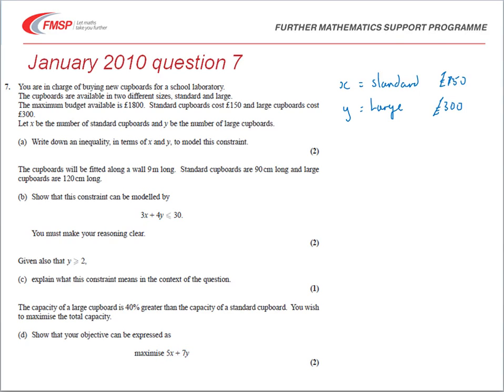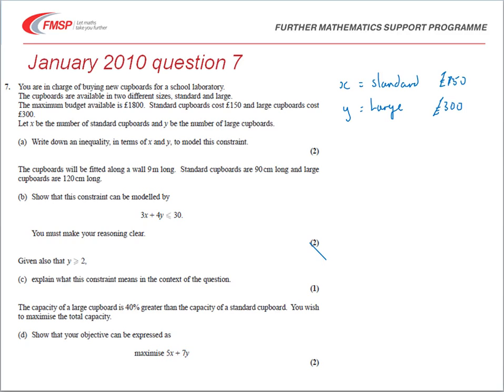Following that, we're also given a third constraint, y is greater than or equal to 2, and we must explain what this means. We have to explain what that means in the context of the question, so always referring back to what the question was about originally, not just treating it as an algebraic exercise.